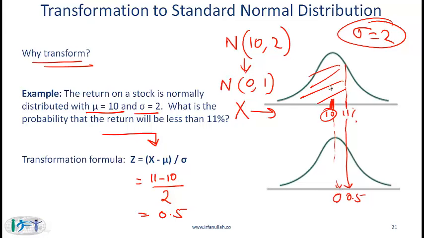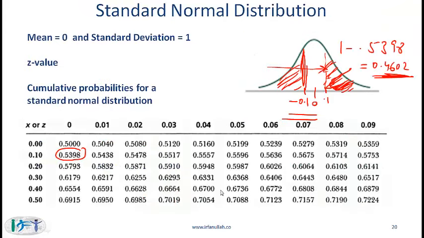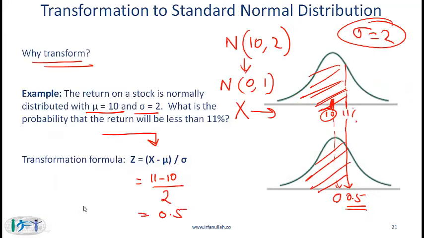So the probability that the return is less than 11% is exactly the same as the probability that the standard normal variable is less than 0.5. And this is something that we can look up on our table. If we go back to the table and we look at 0.5 as our z value, then the cumulative distribution is 0.6915. So for simplicity, let's say that this is 0.69.